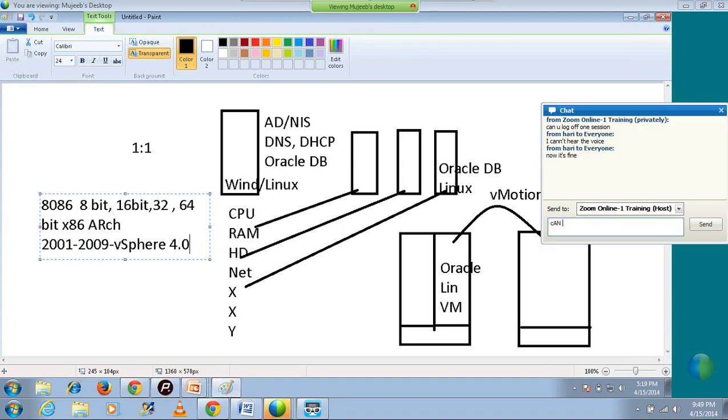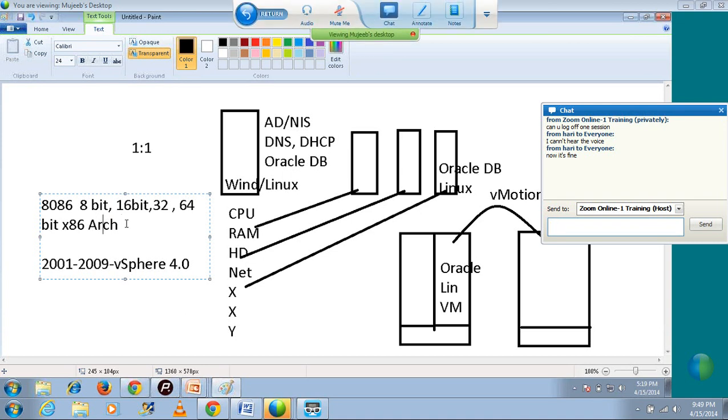All right. You also have other architecture machines, like the operating systems IBM's AIX. Are you aware of IBM AIX? HP Unix and Sun Solaris.